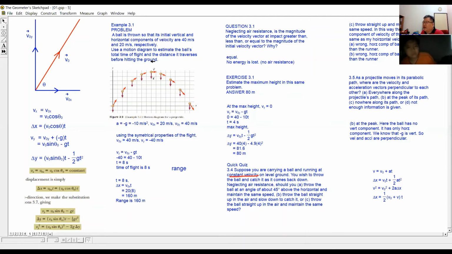In this way, the horizontal component of the ball's velocity is still the same as mine, because I didn't throw it in front, I threw it upwards. So I run at the same velocity and the ball has the same velocity. Sooner or later when the ball comes down, because both of us are moving with the same horizontal component, I can catch the ball.